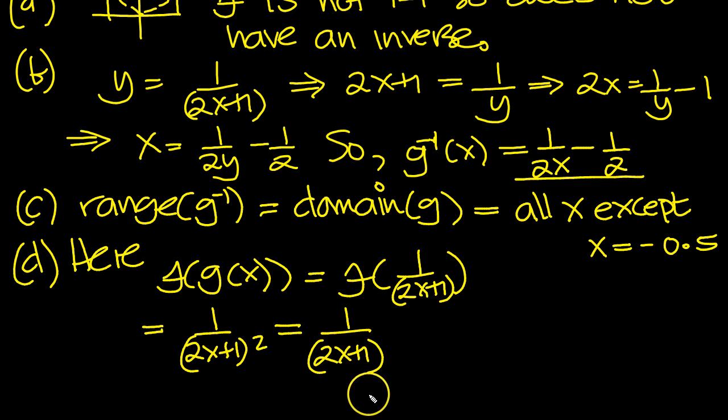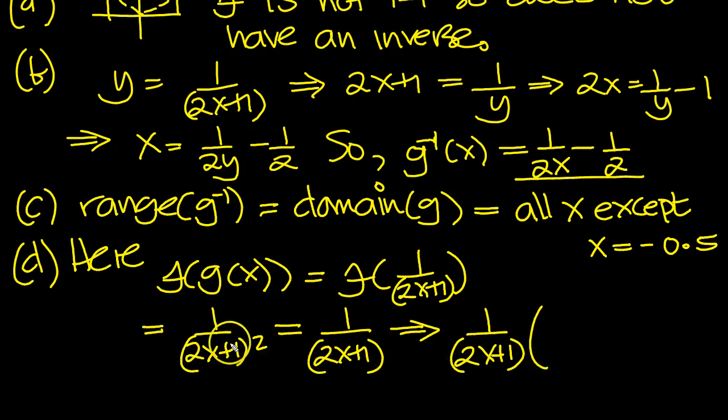Okay, so solve this then. So this implies we've got a 1 over 2x plus 1 outside a bracket, and inside the bracket we're going to have another one of them. And then this is moved over. I've moved this over and taken out a 1 over 2x plus 1, so there's a minus 1 here, equals 0.